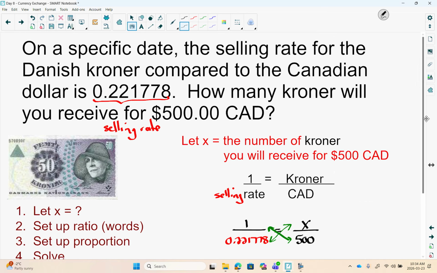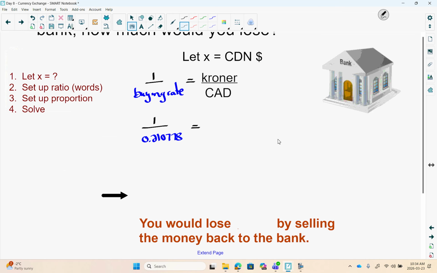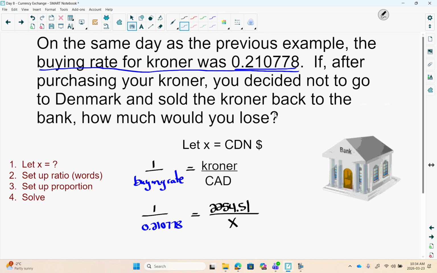How many kroner did I have? 2,254.51. So I have to use that number, 2,254.51, on top of what? X. I was looking to sell the Danish kroner back, so I need to know how much Canadian dollars I would get. And then the question actually wants to know how much money I'd lose.